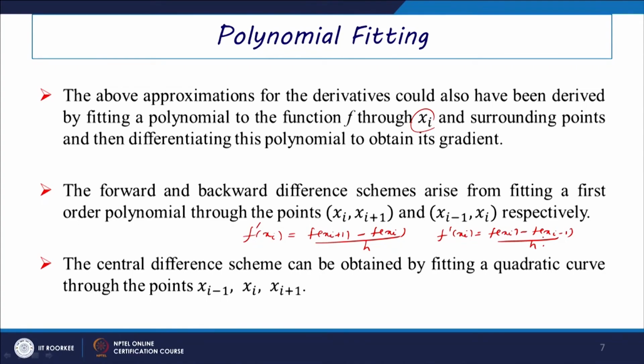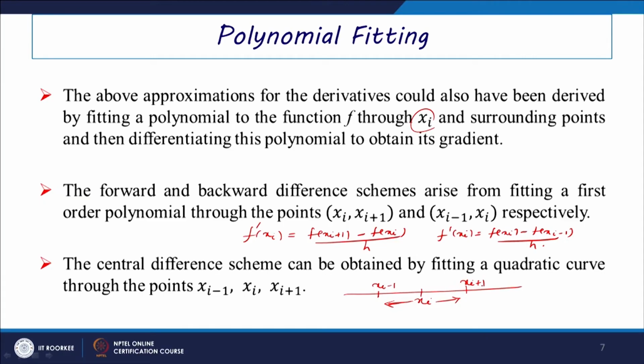For the central difference, it can be obtained by fitting a quadratic curve through the points xi minus 1, xi and xi plus 1. So we consider 3 points for the central difference approximation, since we go one step forward and one step backward. Backward means we consider the point xi minus 1, and forward means we consider xi plus 1.